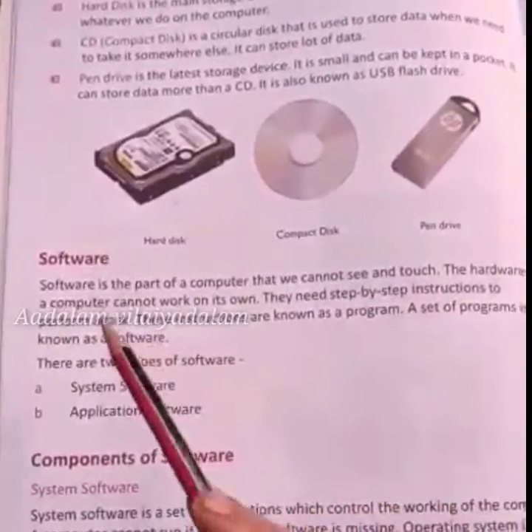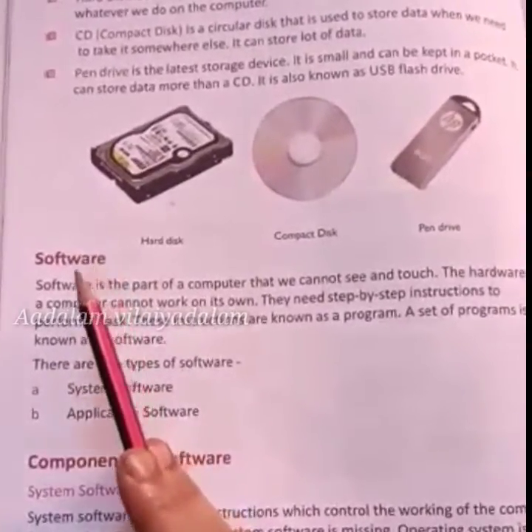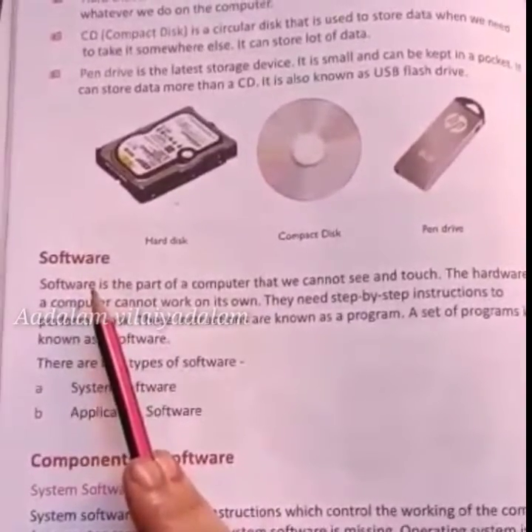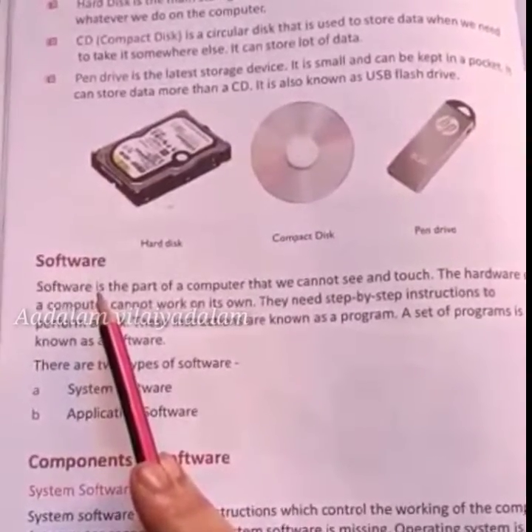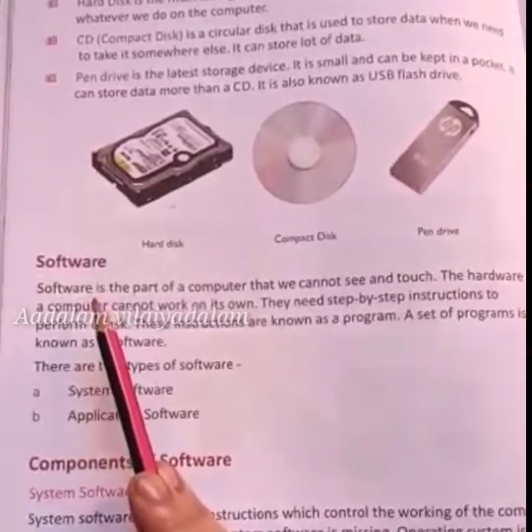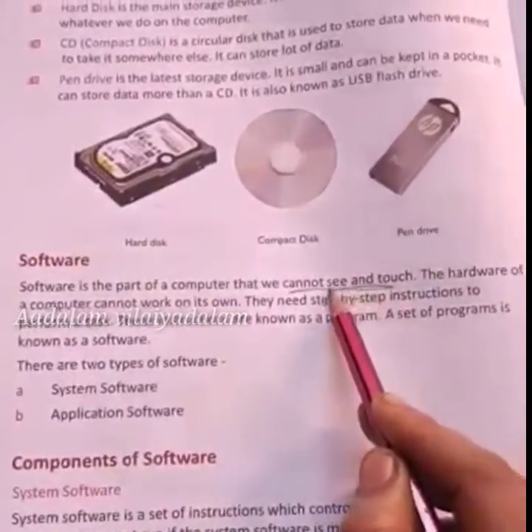Next we are going to see the second component of a computer, software. First component is hardware, second component is software. What is software? Software is a part of the computer that we cannot see and touch.